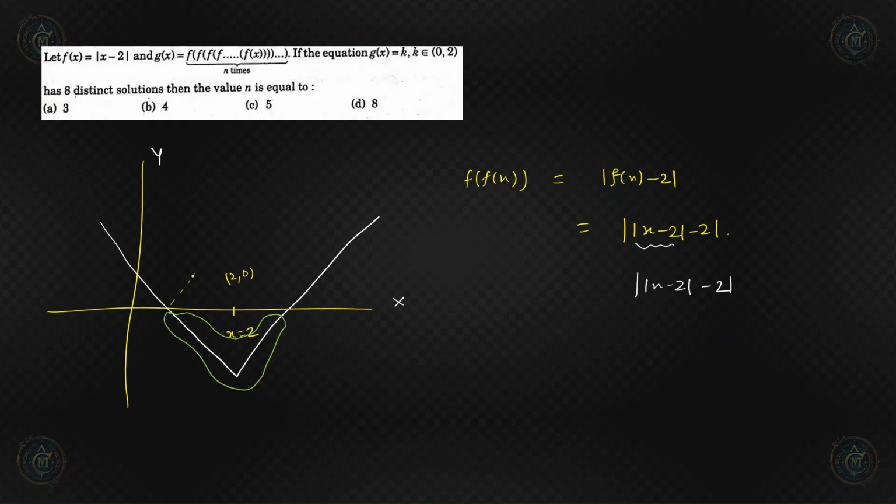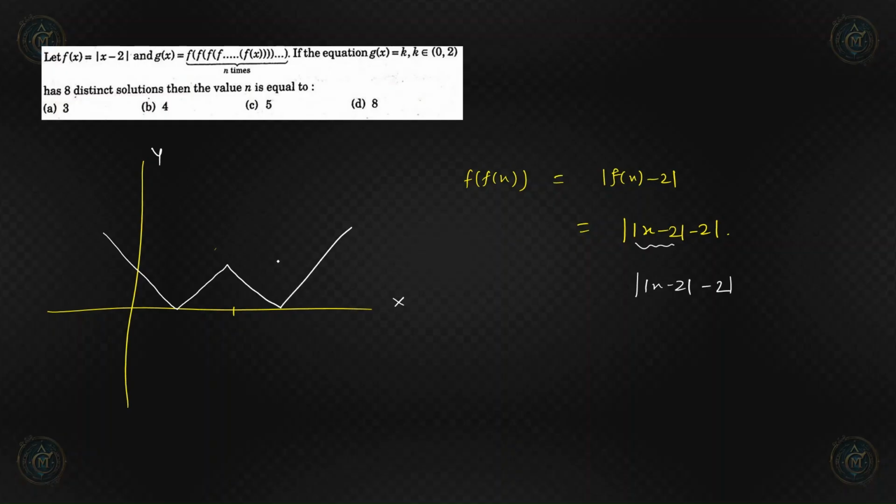So the image will look something like this. So if we redraw, it looks like this. This point is directly above x equal to 2, so this point becomes 2 comma 2.